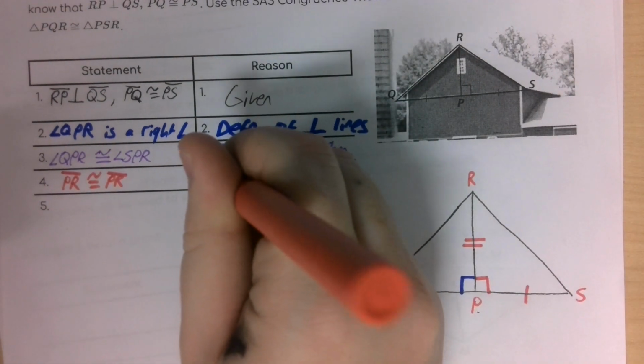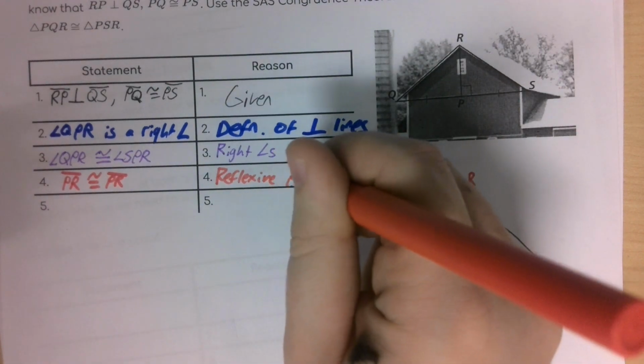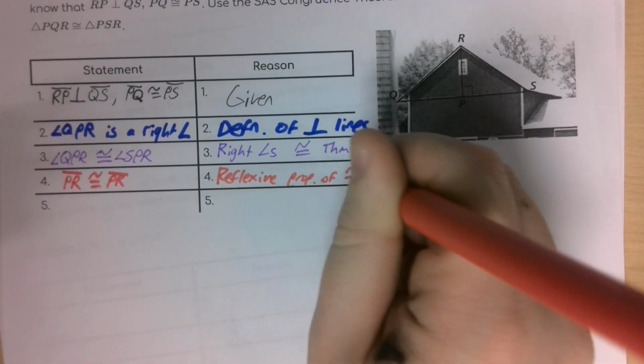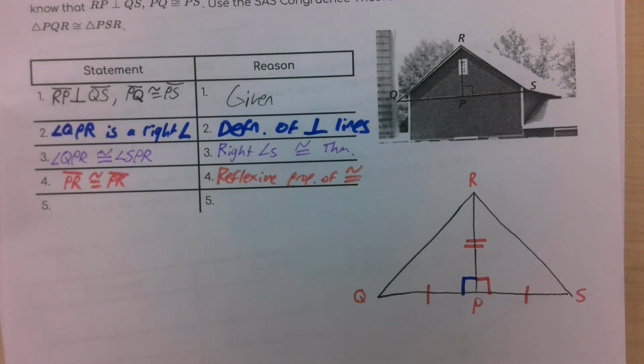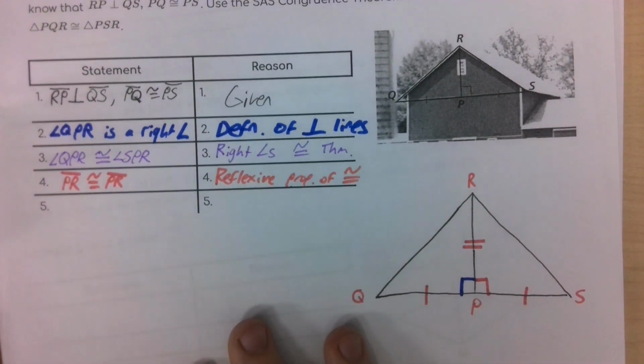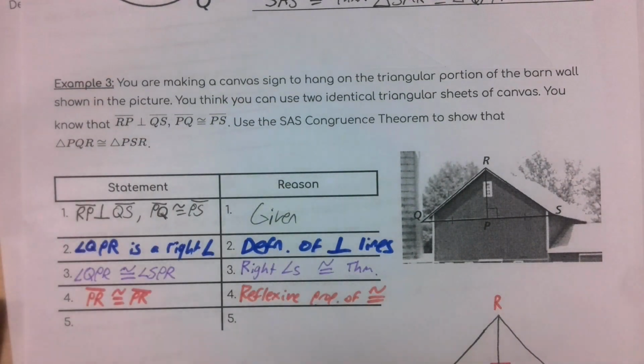We could say that by the reflexive property of congruence, PR is congruent to itself. The only reason why I said PR and not RP is just because of the order in our answer here, but I wouldn't take points off if you said that PR is congruent to RP or something. Just keep that in mind.